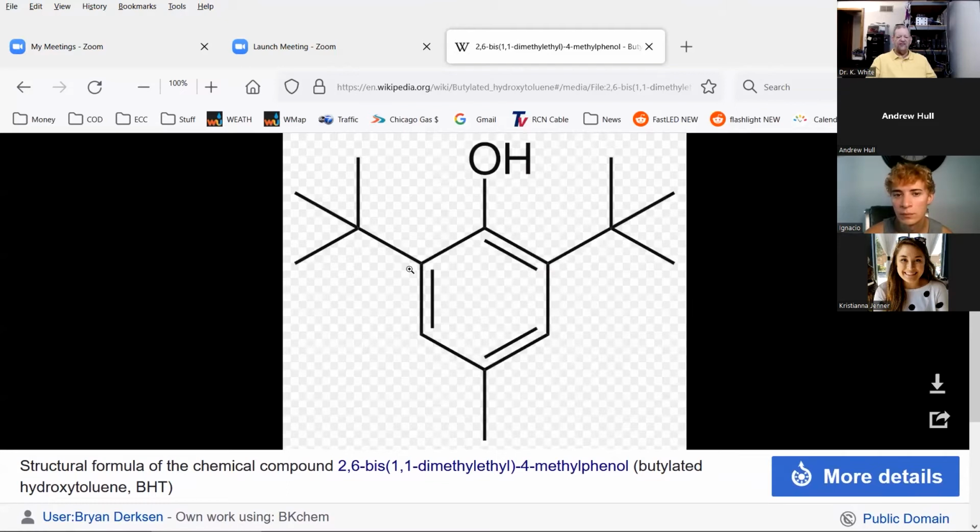Now, each one of these on the side, oh, by the way, thumbs up, people. You see that structure on your, thank you. This is a T-butyl group. This is a T-butyl group. This is a methyl group, benzene ring, hydroxyl group. This is a phenolic compound. And this, when it reacts with a radical, sort of ties it up, neutralizes it, sort of.